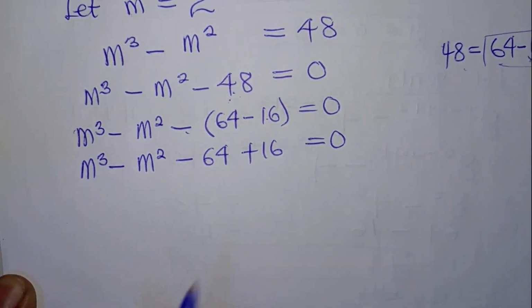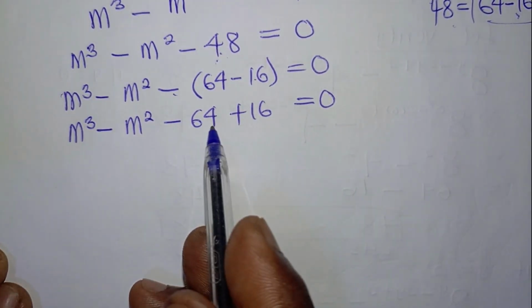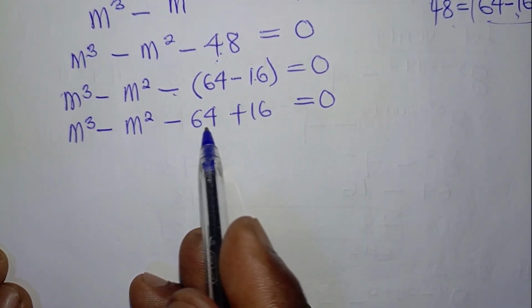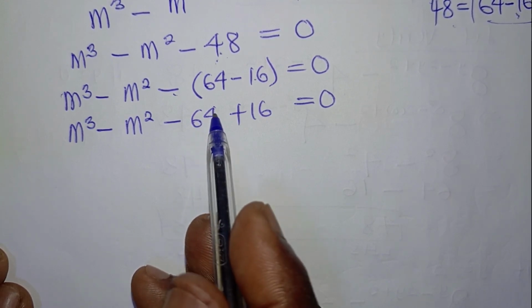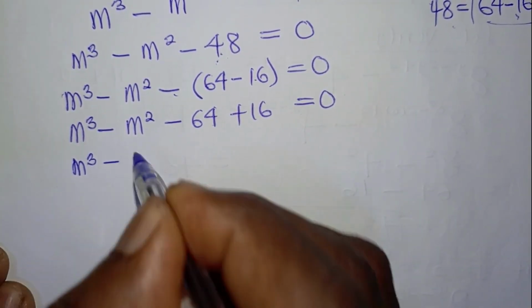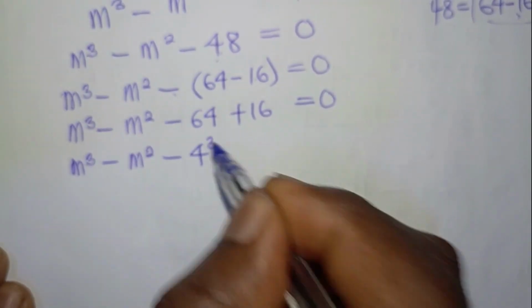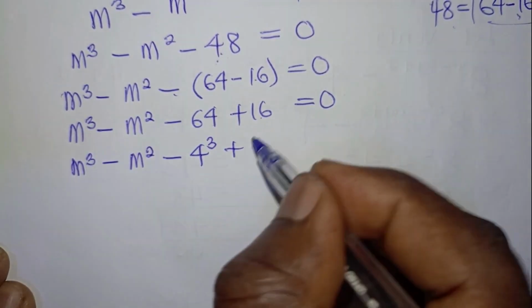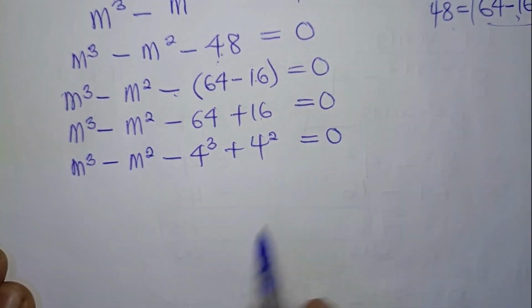Right. So here we can express 64 as a power with base 4 and exponent 3. So we have m to the power 3 minus m squared, 64 is the same as 4 to the power 3, plus 16 is the same as 4 to the power 2, equals 0.